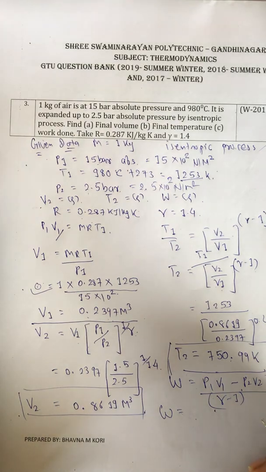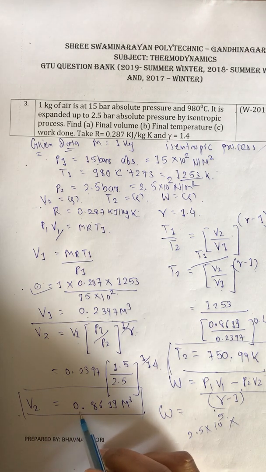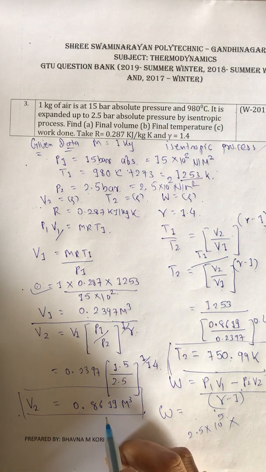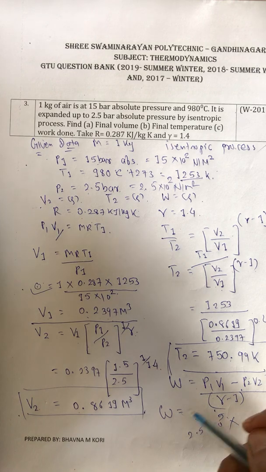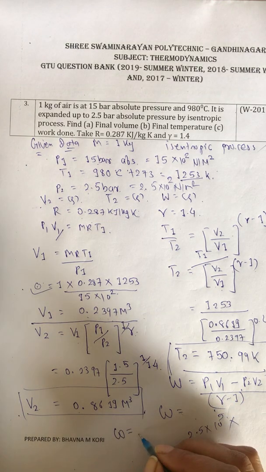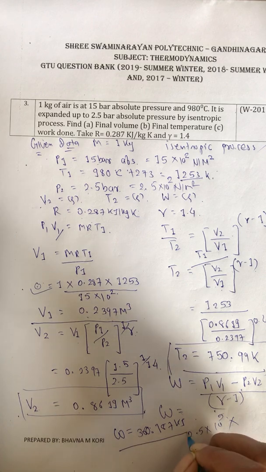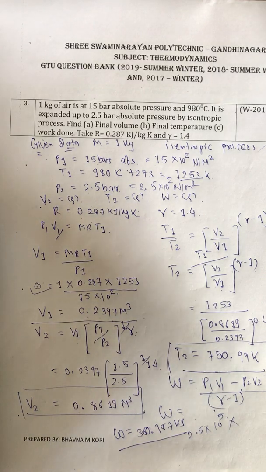Here you have to take the value as 2.5 multiplied by 10 raised to 5 and the value of V2, that is 0.8619. Okay. And solving this equation, you will find the value of work done, that is 360.187 kilojoule. Okay. So this example is solved.